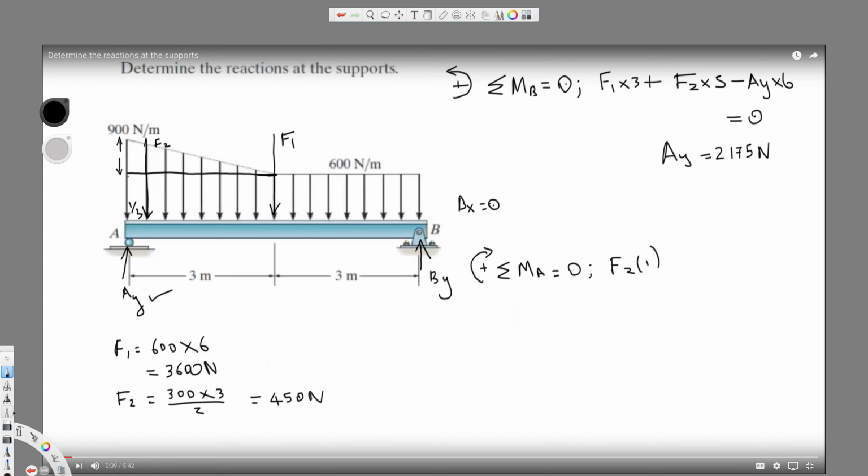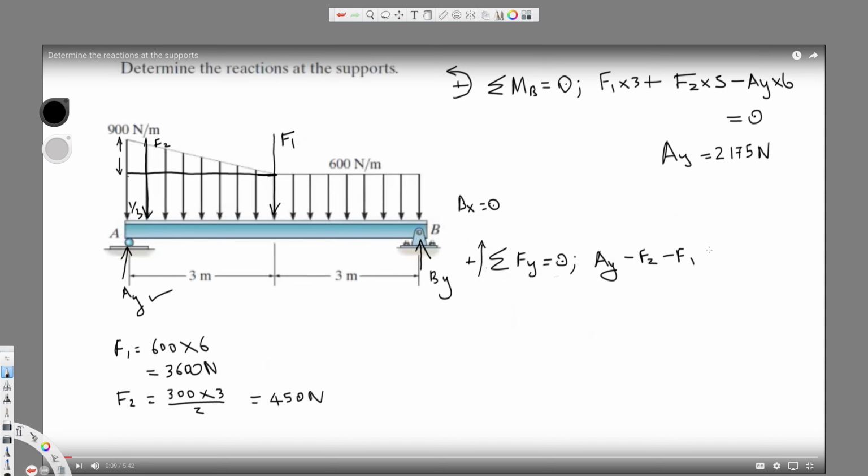There's another easy way to do this one. We don't have to take the moment. We can solve all the vertical components to find it easily. So it's going to be sigma Fy. The total force in statics is 0, so sigma Fy is going to be equal to 0. And I take the upward direction positive. Ay is going to be positive, F2 is going to be negative, and F1 is also going to be negative.